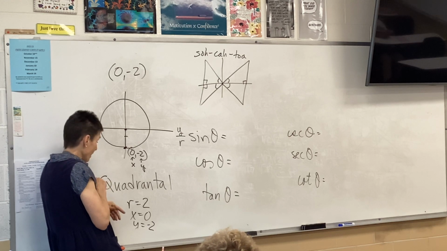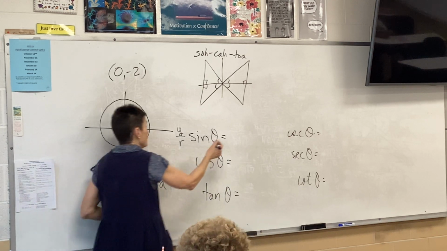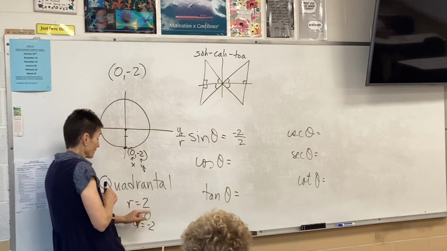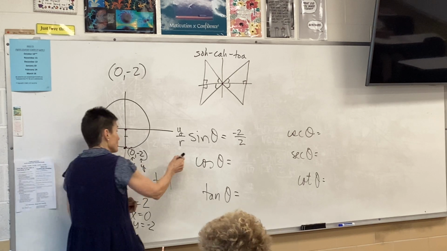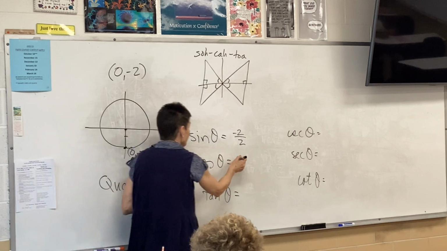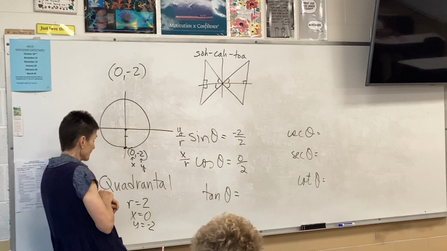Yeah, sine is y over r, so -2 over 2. What's cosine definition? X over r. So that's 0 over 2. We'll fix all these in a minute, but for now, we're just writing down the fractions.